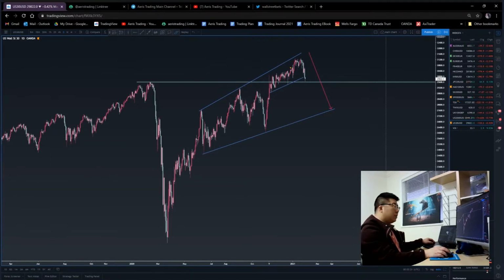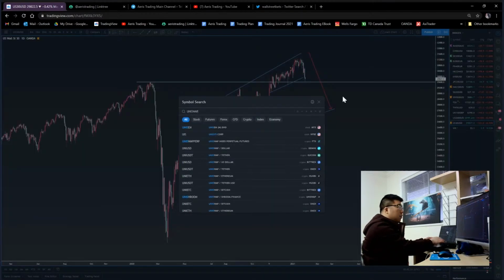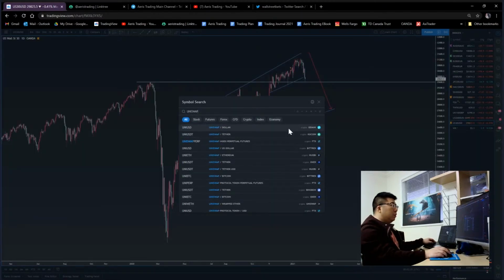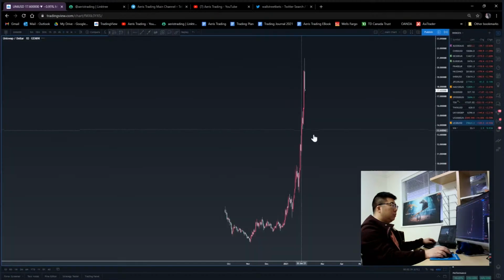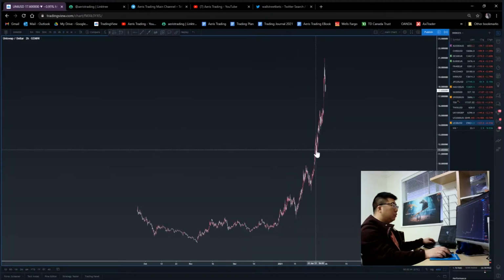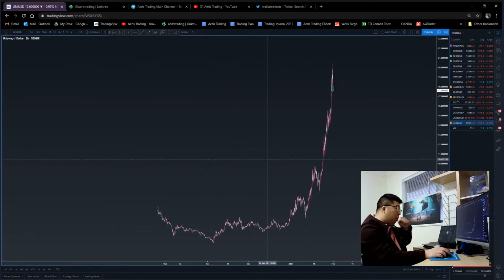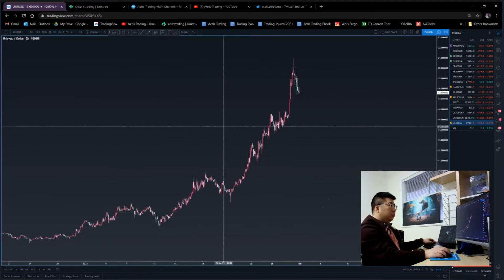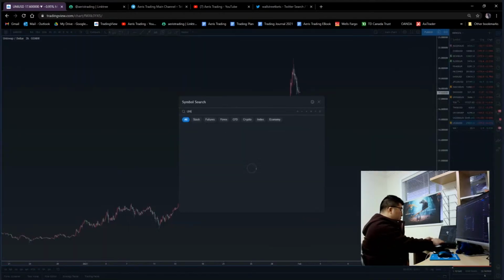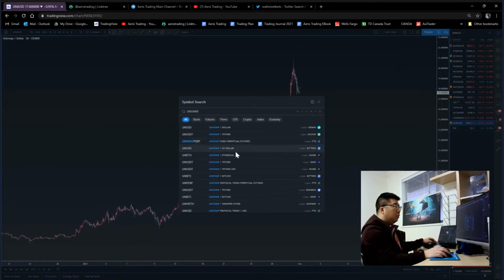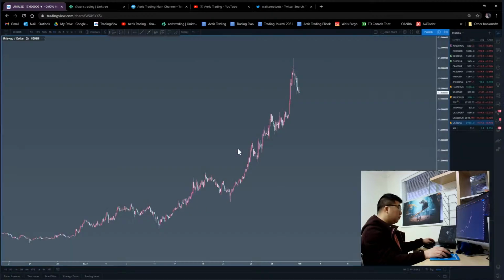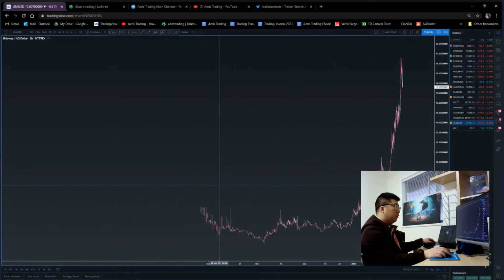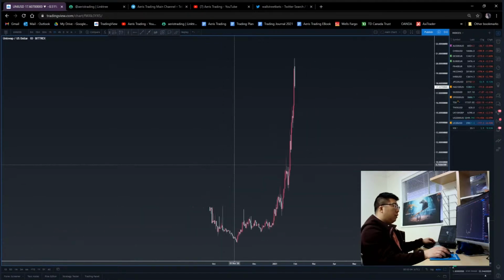Unit swap. Yeah, this is all I can see. Obviously, we don't have too much data, right?